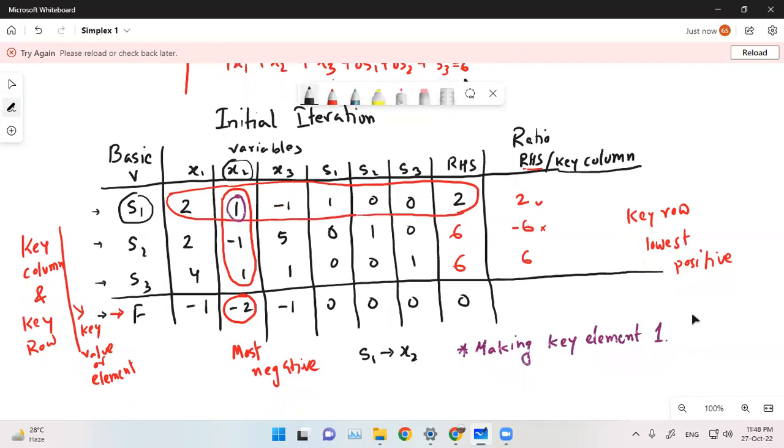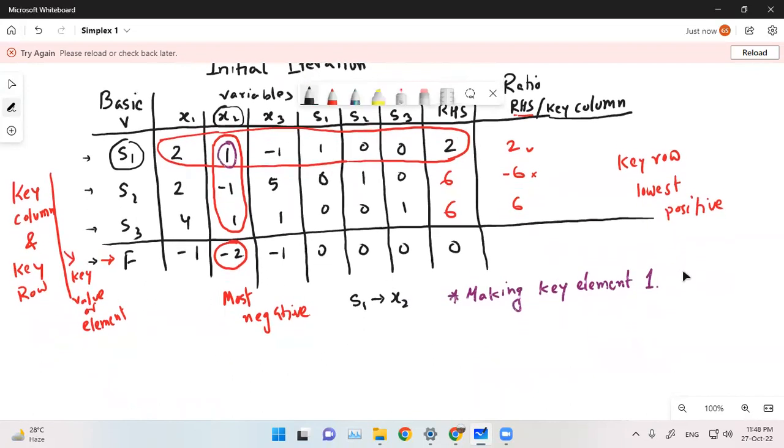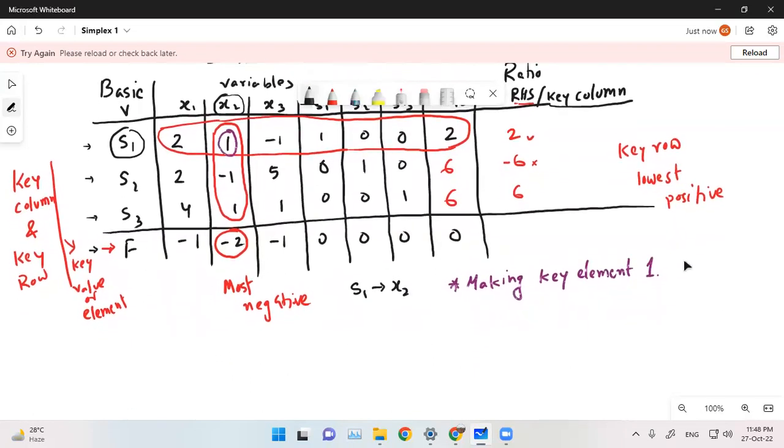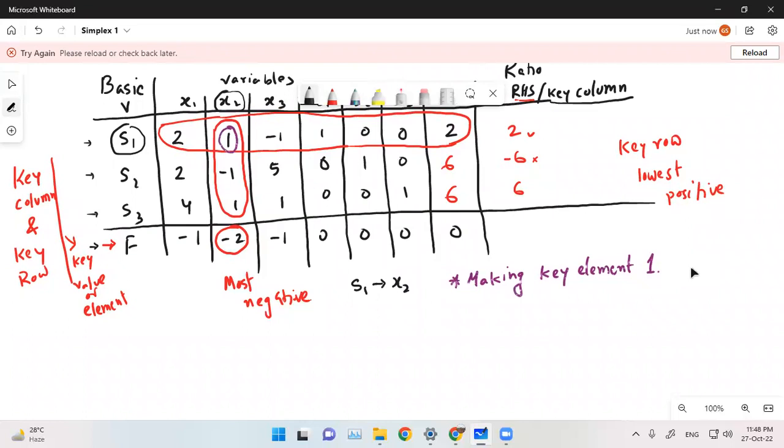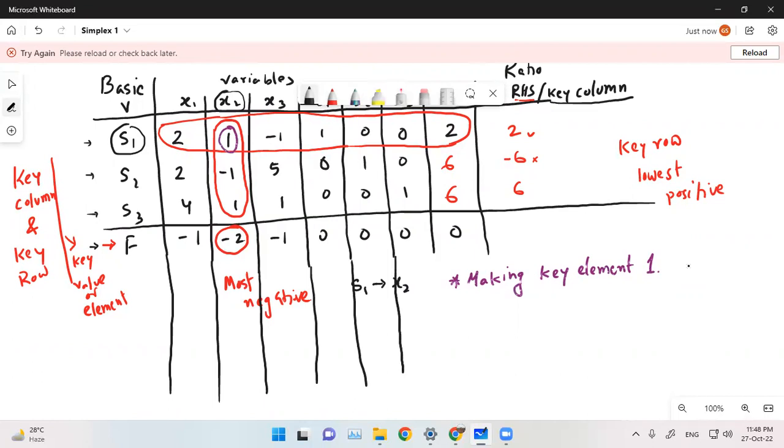Let's try to form this one, then it will be more clear. What do you mean by that? So if we don't want to write it again, we can just extend this table. But it's better actually to write, because we have to link it, and it's difficult with separate values.